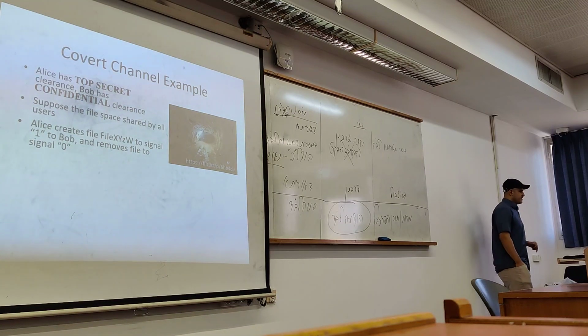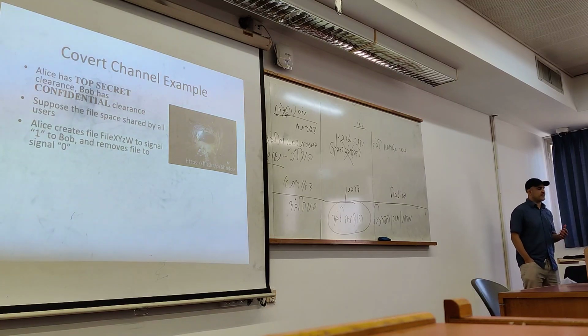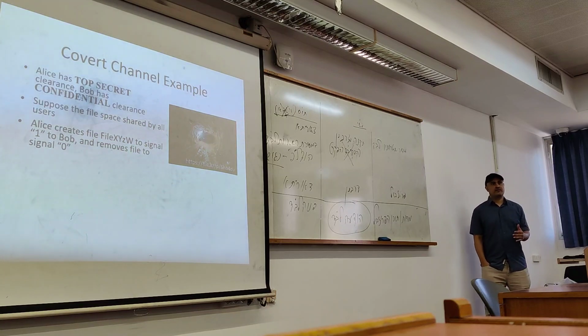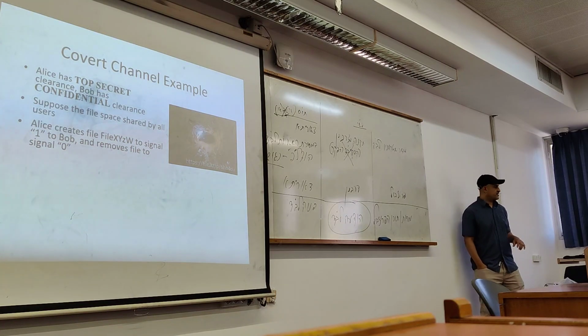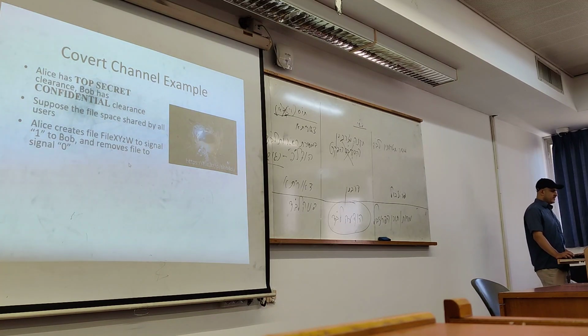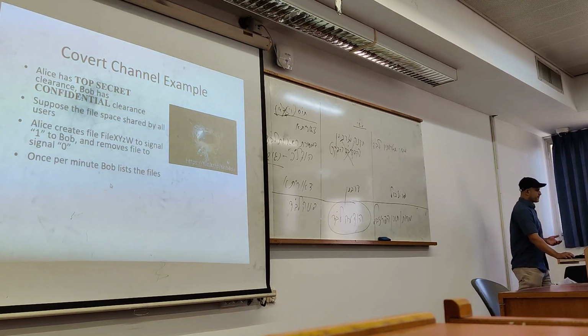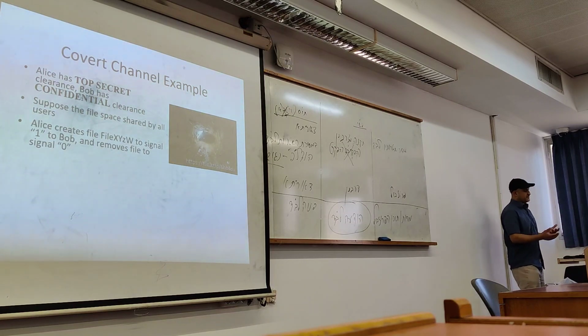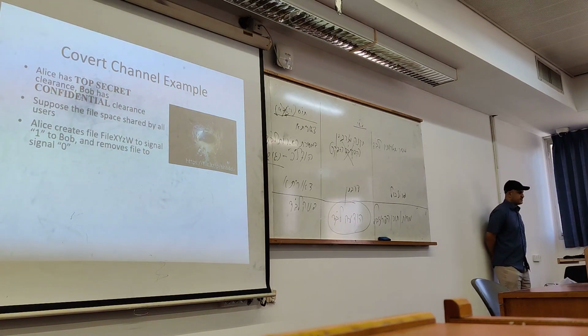If the file is not inside the folder, the bit is going to be 0. That's the information that Alice passed to Bob. Now Bob can read this, see this file and get the information, and that's about it.